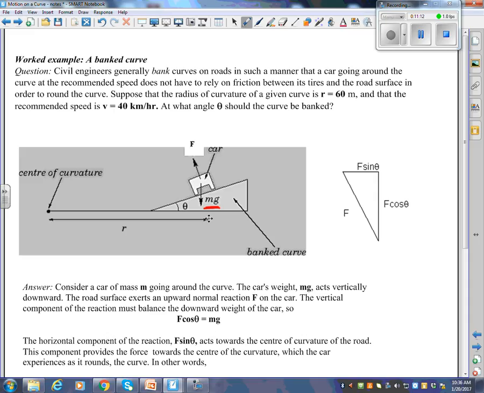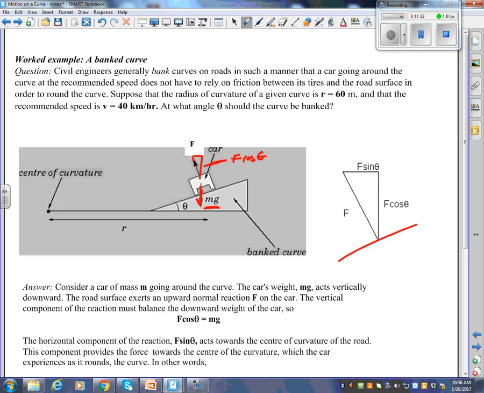So if you take this diagram right here, there's the ramp there, right? This is mg right here. If I take this triangle right there, this value right here is F cos theta, and it must equal mg.